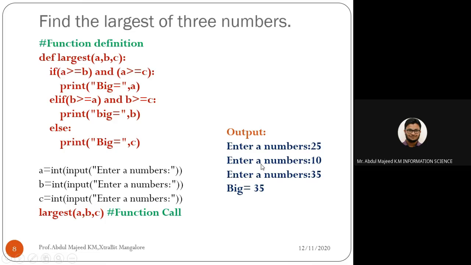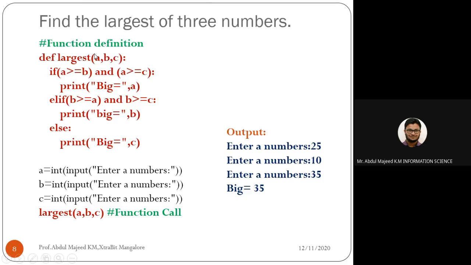I entered 10, so 10 will be assigned to b. Again we get the message enter a number, and I wrote 35. Now remember a = 25, b = 10, c = 35. Now I want to find which is larger, whether a, b or c is the biggest. So I call the function largest(a, b, c).